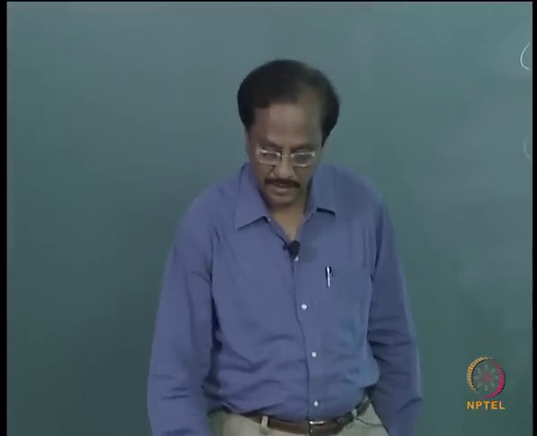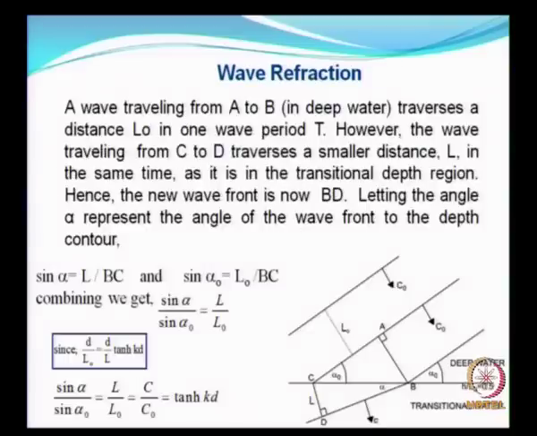Now, in this picture, what is this? This is nothing but the wave direction. You extend this, and this has to be perpendicular to the wave front. So, this will be the wave direction, and it is also referred to as wave ray or wave orthogonal.